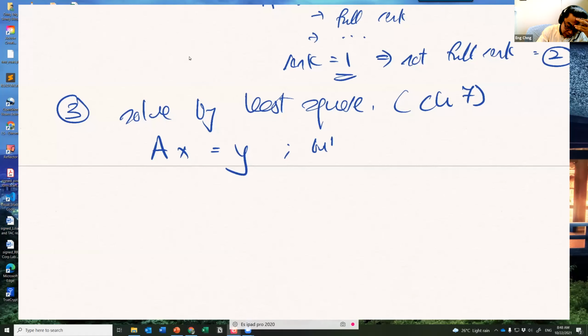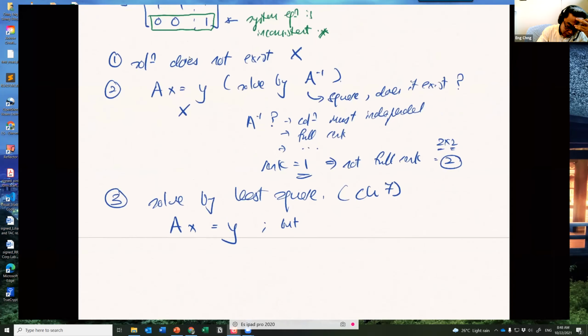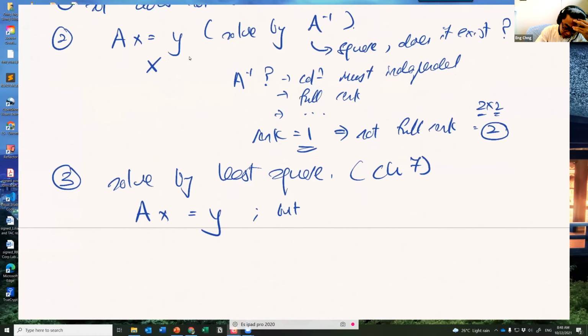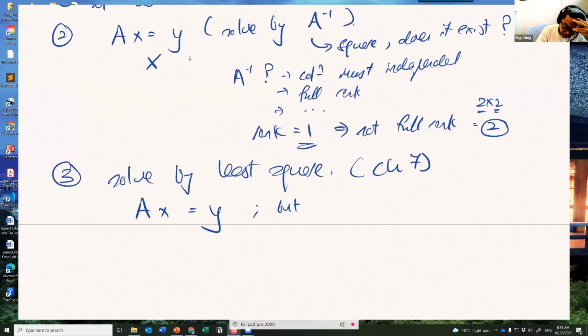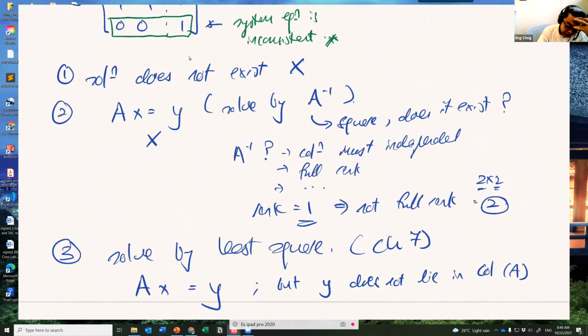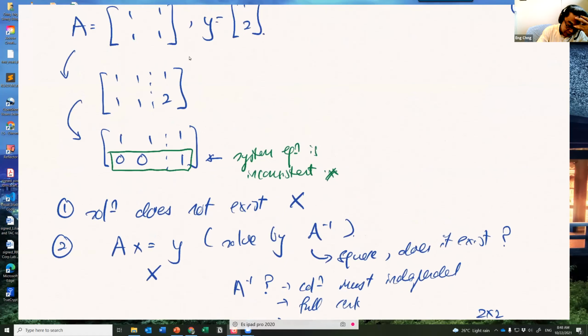But y does not lie in the column space of A. Why did I say that very weird statement?